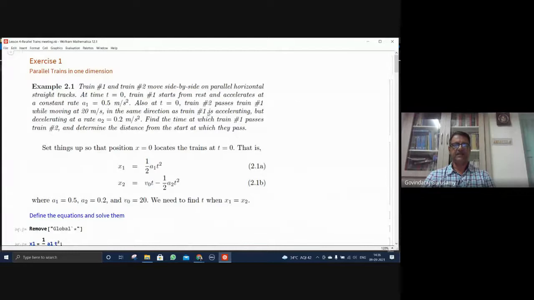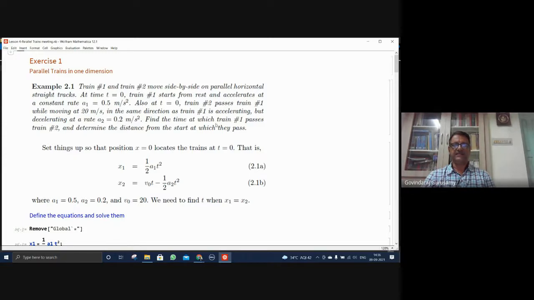It is train number 2 which is moving past train number 1, which is accelerating. At t equal to 0, train number 2 passes train number 1 while moving at 20 meters per second in the same direction, which means train number 2 is moving with a velocity of 20 meters per second, but it is decelerating at a rate of a2 equal to 0.2 meters per second square.